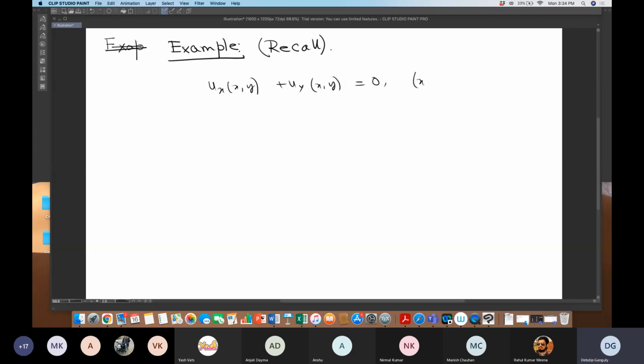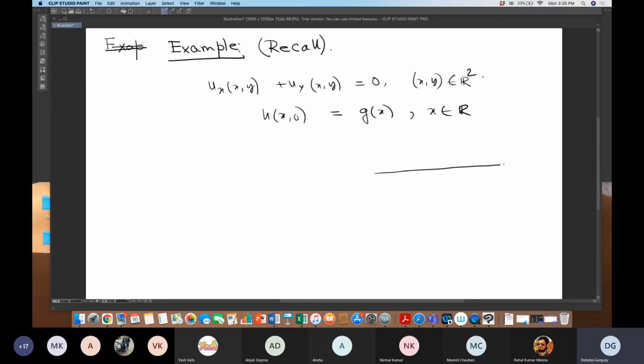So just recall what we did, one of the examples. The example is this: u_x(x,y) plus u_y(x,y) is equal to 0 when (x,y) is in R2, and u(x,0) is equal to g(x).